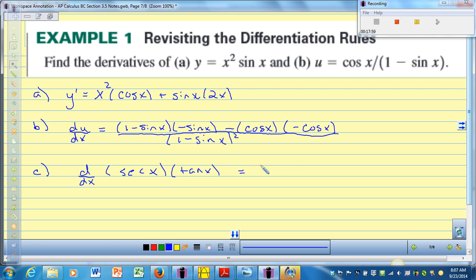First times derivative of the second, we get what? Secant x times, not minus, but secant squared x. First times derivative of the second plus the second, tangent x, times the derivative of the first, secant x tangent x.